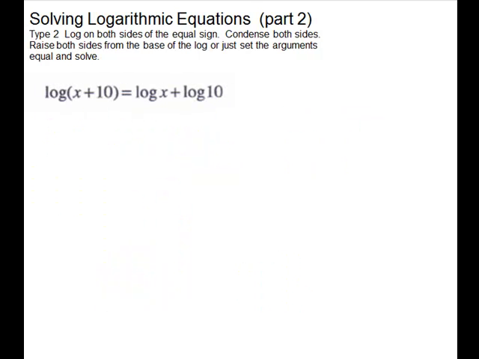This problem is similar to the last if you would like to pause the video and try it yourself first. We have a log on both sides of the equal sign. We need to condense on the right hand side, so the left hand side is fine. On this side we have the sum of logs, so that will be the log of the product.